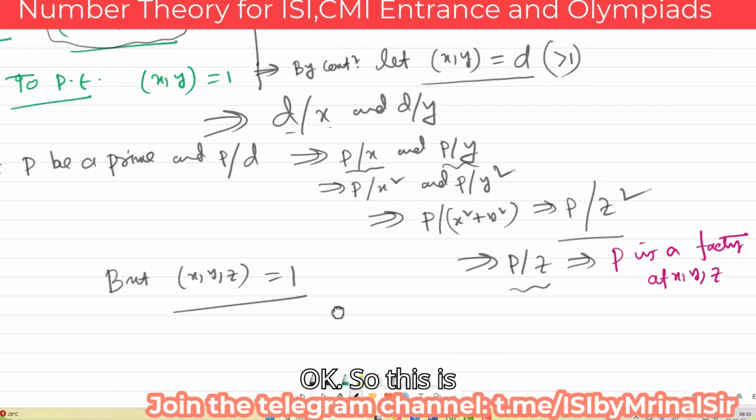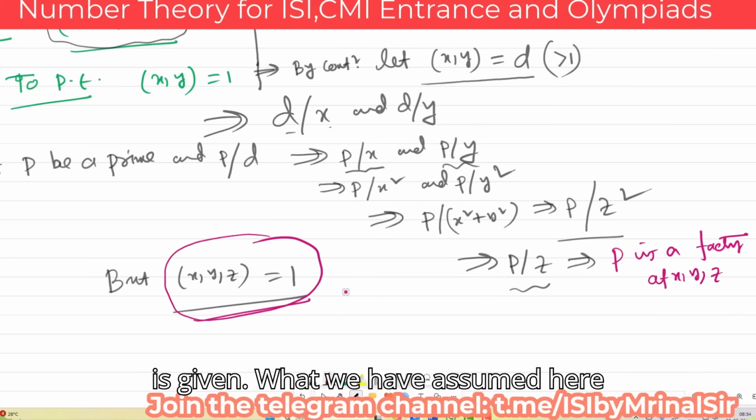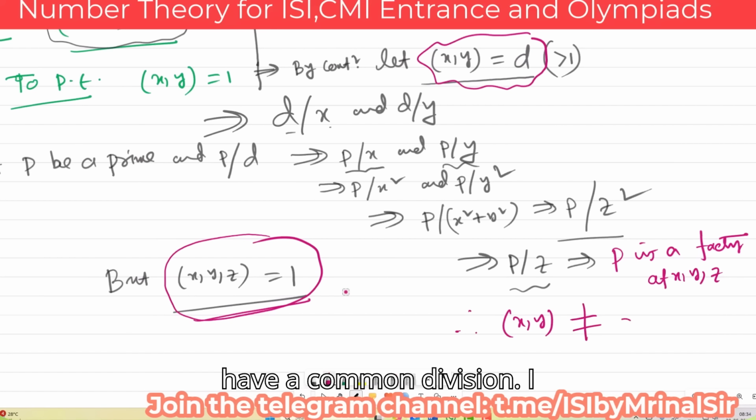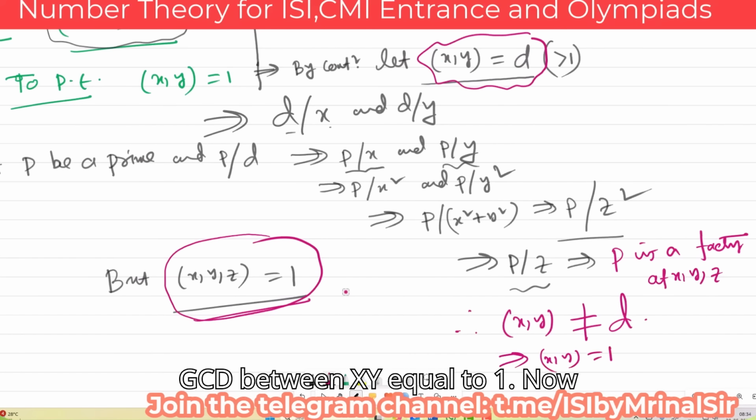Okay? So this is wrong. Which one is wrong? This is not wrong, this is given. What we have assumed here is wrong. Therefore, x, y cannot have a common divisor; their GCD cannot be equal to D. So this implies that the GCD between x, y equals 1.